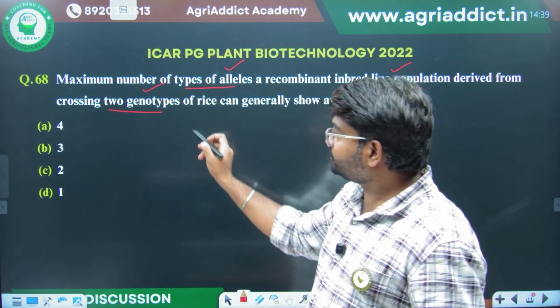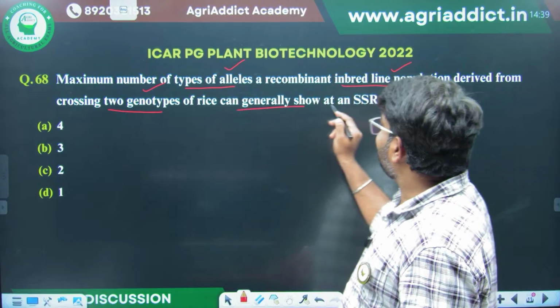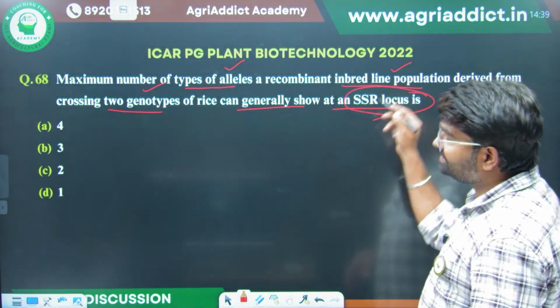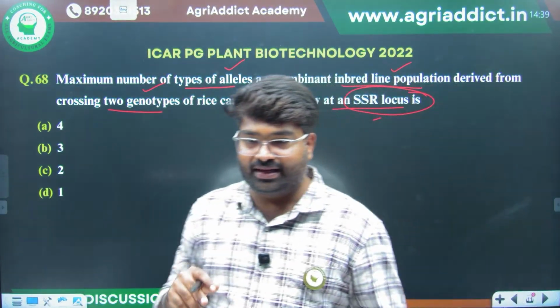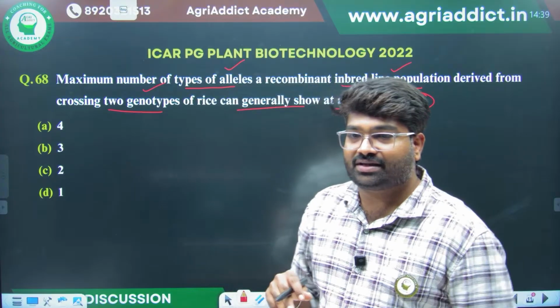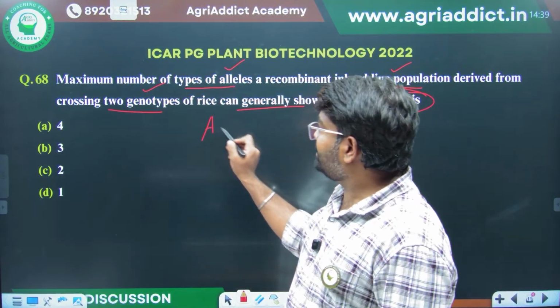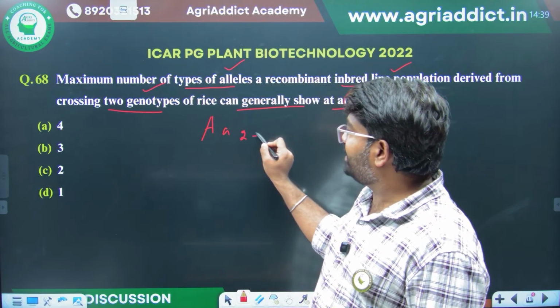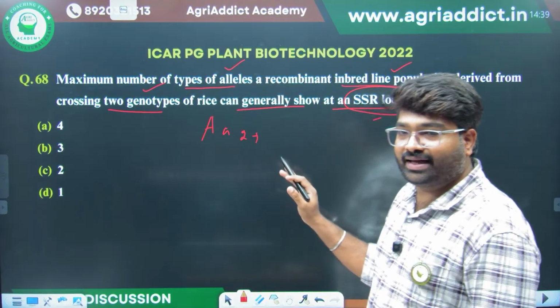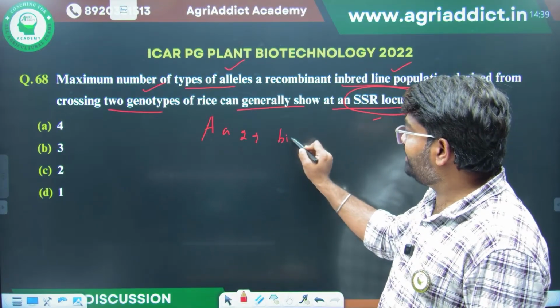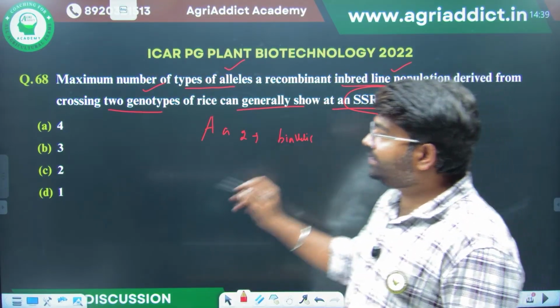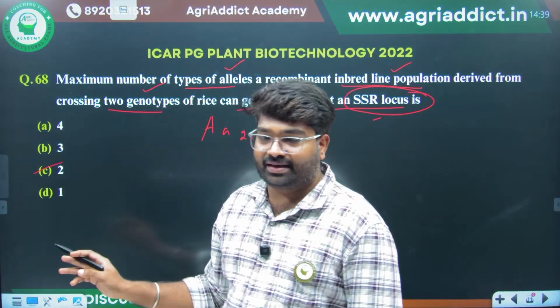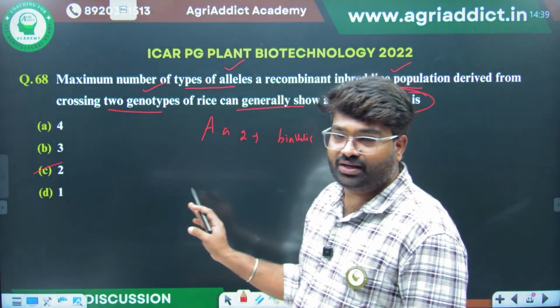Okay, can generally show a SSR locus. They are asking how many SSR alleles will be there, either capital A or small a. Only two alleles will be there. So what would be there? SSR here it will come biallelic. Okay, so the right option is 2. This is clear. This is the simplest calculation only. You will do this one.